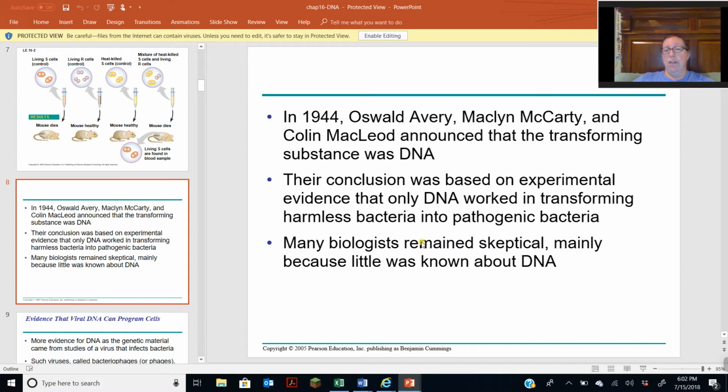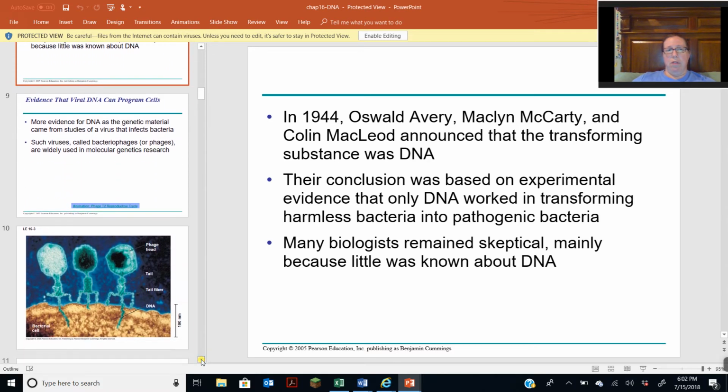But even though this is 1928, this is 1944, many scientists still remained skeptical about DNA because they knew it exists, but they didn't know what it looks like. There were just pieces and parts out there.